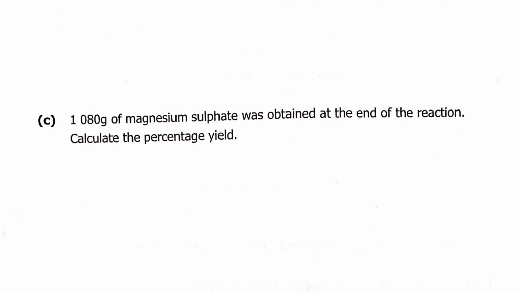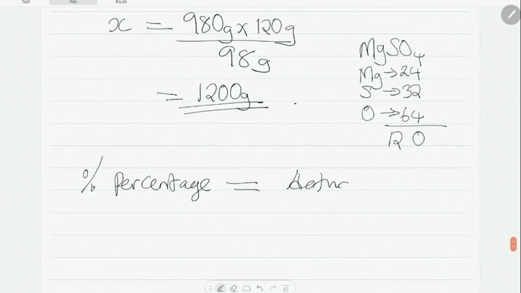Calculate the percentage yield. So percentage yield is calculated using this formula. Percentage yield is equal to actual yield over theoretical yield.